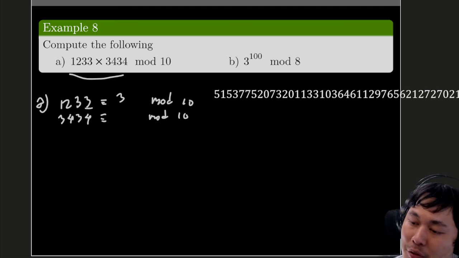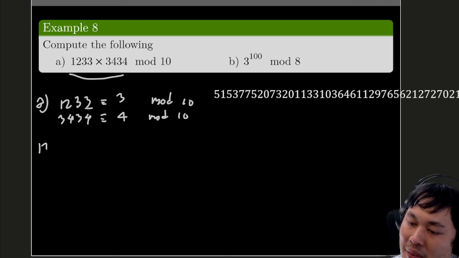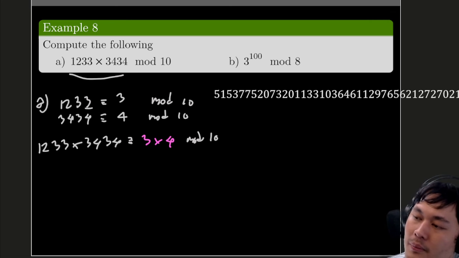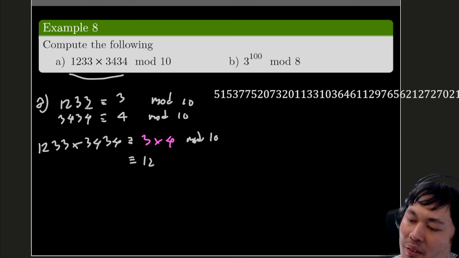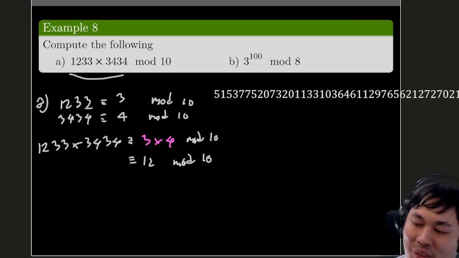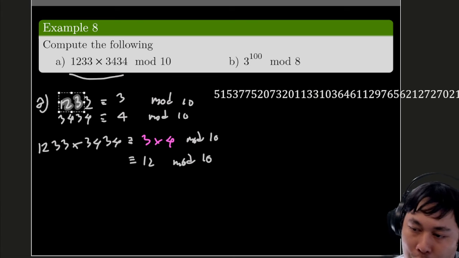If you divide that by 4, the remainder is 4. That means the product is just the product of these two smaller numbers, which is nice because we get 12. That's a lot quicker than multiplying to get, I don't know, 4 million.